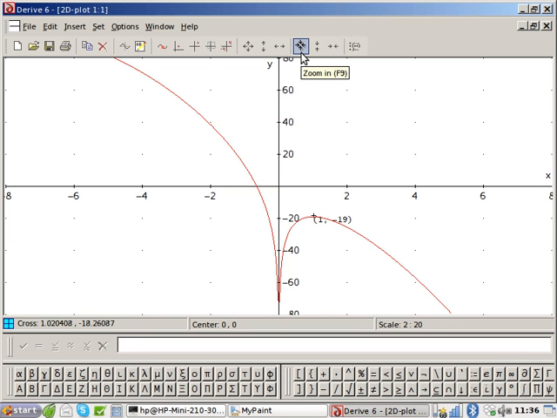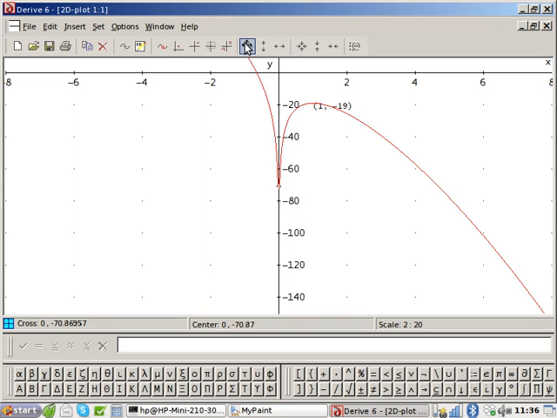But you notice that on the graph there looks like there's another turning point. Where? At 0, in the middle. So let's zoom in there to see what's happening. Okay, so let's zoom in.